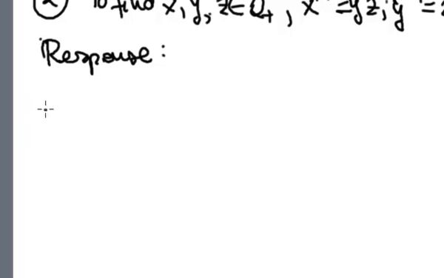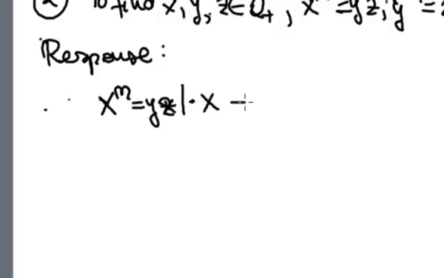Well, if we multiply the first relation by x, it results that x^(n+1) is x times y times z.